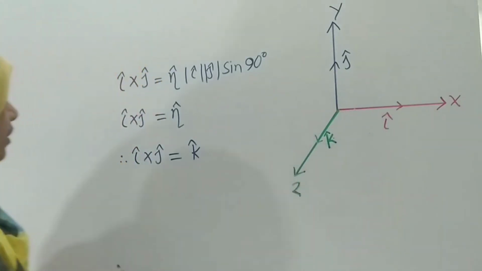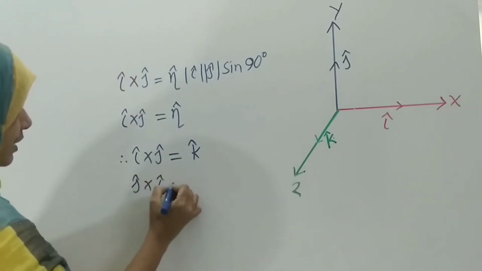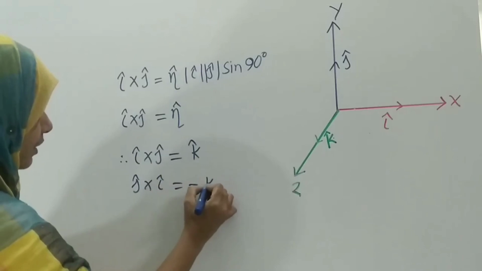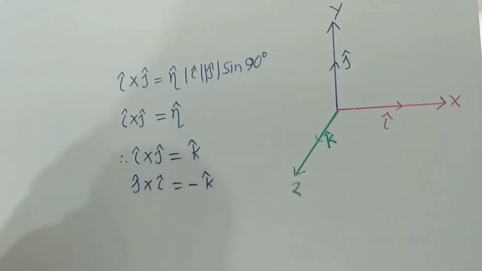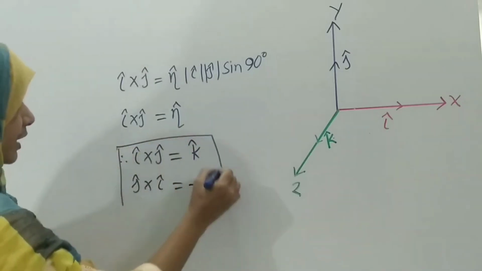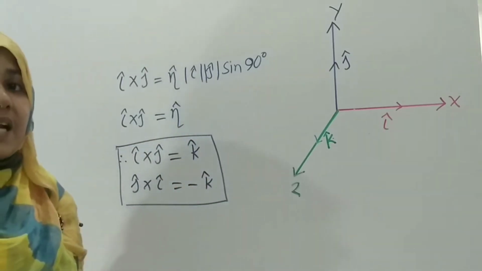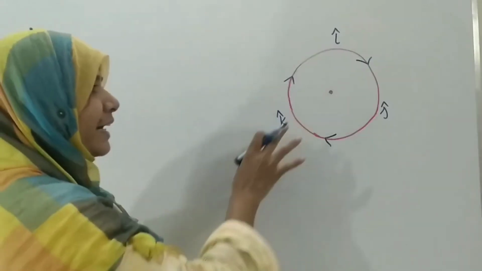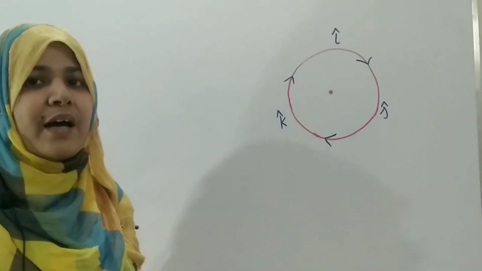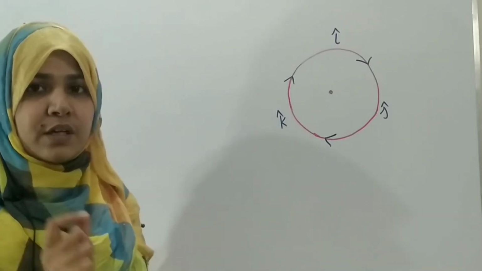So J cross I is equal to minus K. In this way we can write the cross product of every dissimilar unit vector. We can easily identify the cross product of different rectangular unit vectors.